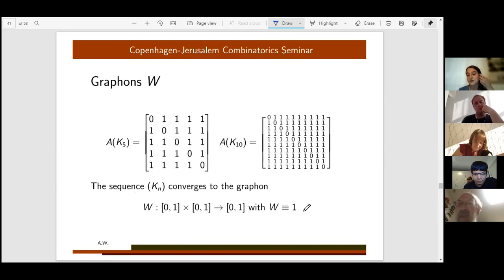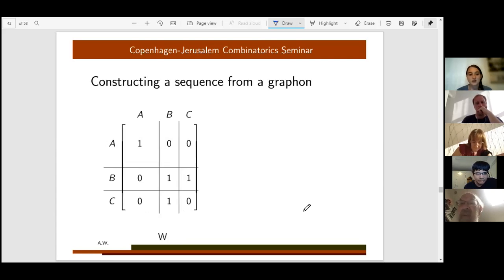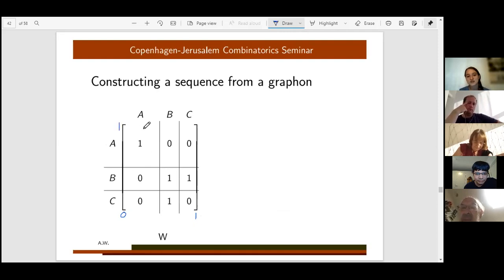So if we do have a graphon, we can usually also sample a graph out of it. So how could this look? Here is my 0, 1 by 0, 1 square, and I put as numbers the values of my graphon.